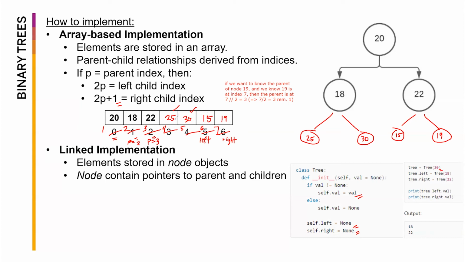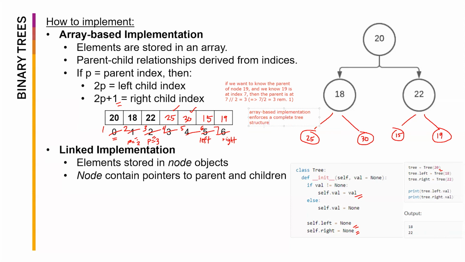And if we insert 2 more items, we are first filling in the children of 18 before the children of 22. So we are already building a complete tree structure.